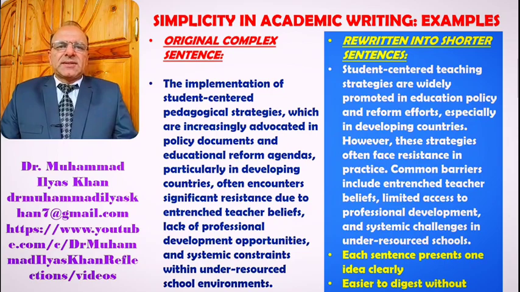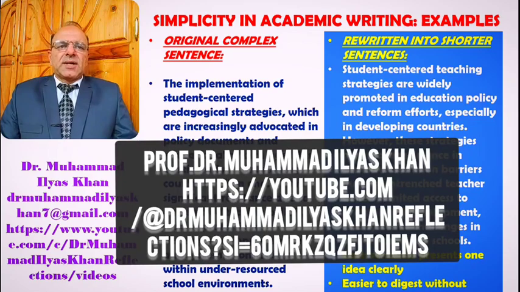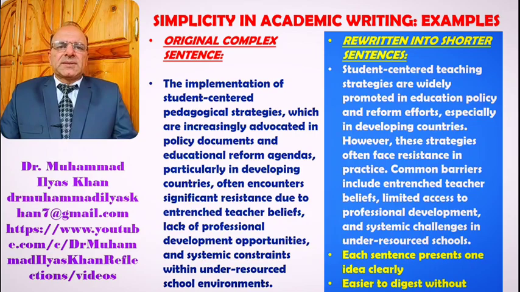For example, the sentence on the left side, the original complex sentence, and then on the right side, the blue box in the white text, you can see that the same original complex sentence has been presented or broken down into simpler sentences. And so that has made that text more accessible to the general reader particularly, but also to the more sophisticated readers as well.